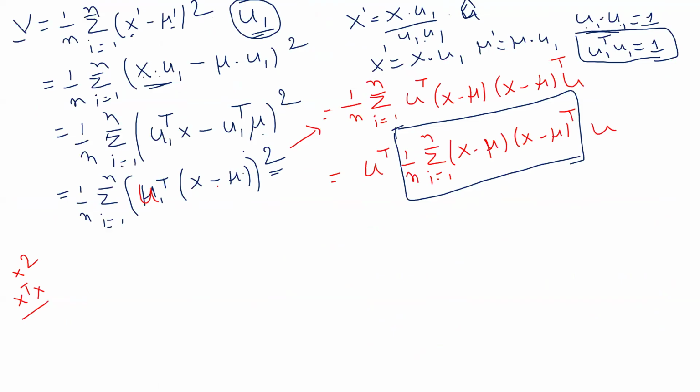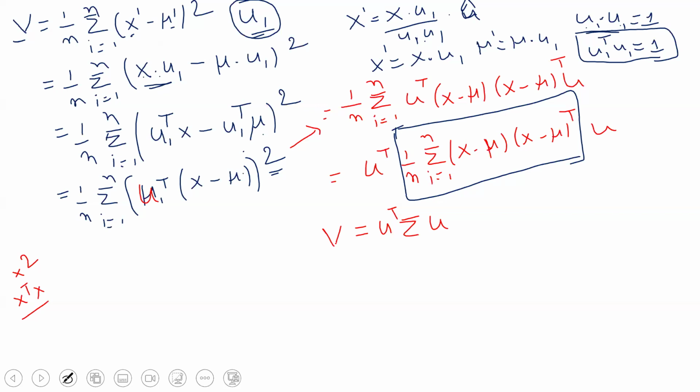So that's what I have written. Now this is what we have derived. So this can be written as U transpose sigma U. So this is the representation of the variance now. U transpose sigma U. Now we have a constraint. What is that constraint? U transpose into U equals 1 is the constraint.